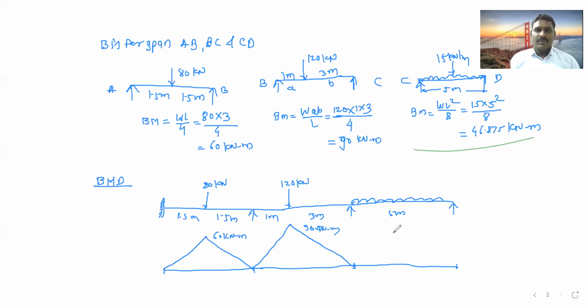Then the third span: a UDL is there, so parabolic variation, 46.875 kilonewton meter. So this is the general bending moment. Now we have to overlap the plastic moment on this particular beam. So for span AB, how much is MP?